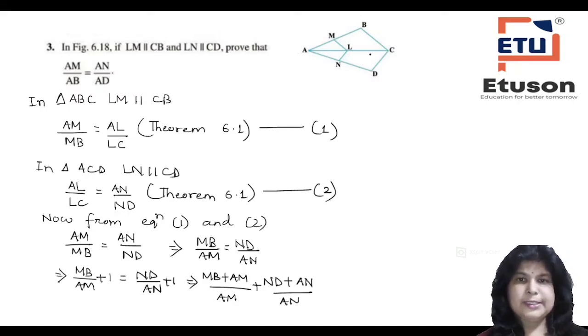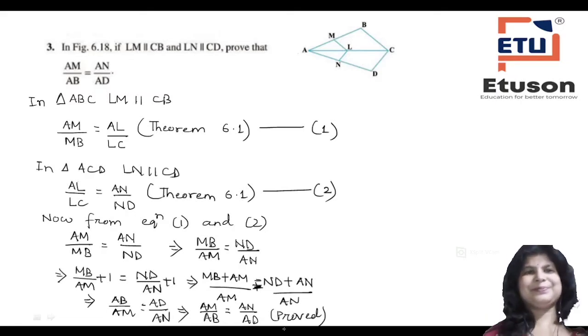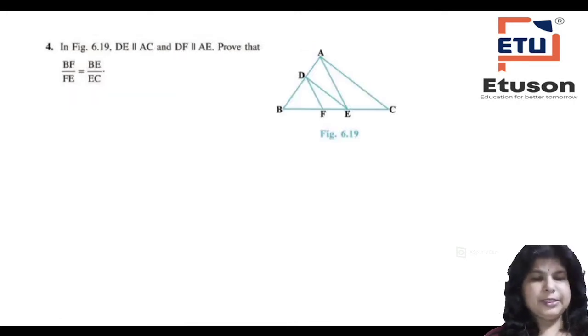So what is MB plus AM? It implies you have AB by AM is equal to AD by AN. So again you take the reciprocal of it, you will get AM by AB is equal to AN by AD. So this you were supposed to prove and you have proved it. Okay students, hope you have understood. Okay, so now let us go to the next question.